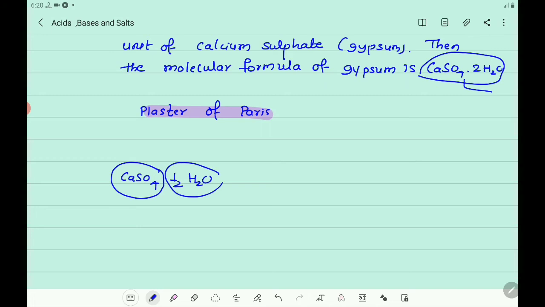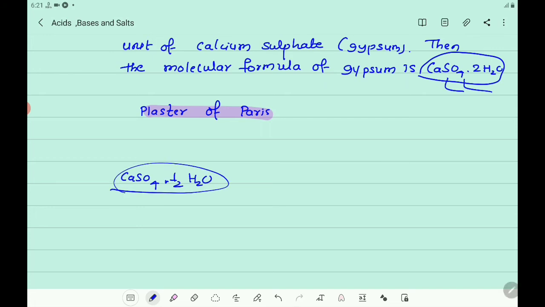On heating gypsum at 373 Kelvin, it loses water molecules and becomes calcium sulphate hemihydrate. It is half here. When CaSO4 2H2O is heated, you will get plaster of Paris with molecular formula CaSO4 half H2O.